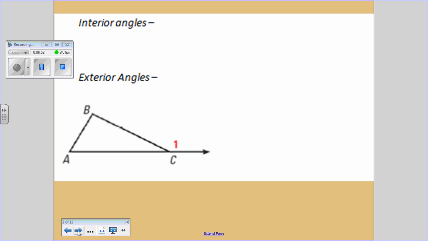Now, somebody did mention something that had to do with interior angles, so we're going to talk about interior angles. Interior angles are just the angles inside the triangle. Angles inside the triangle.